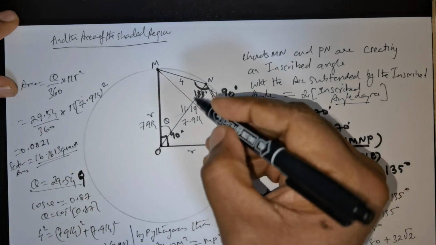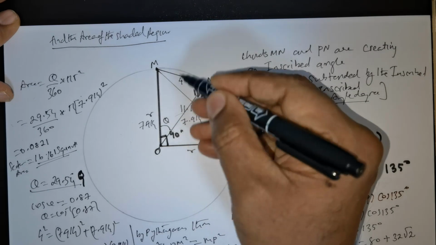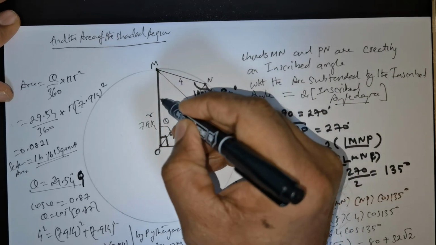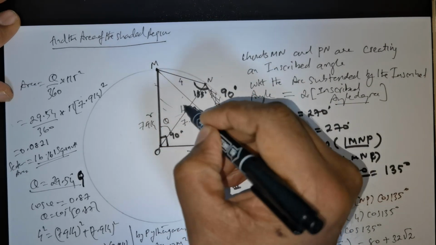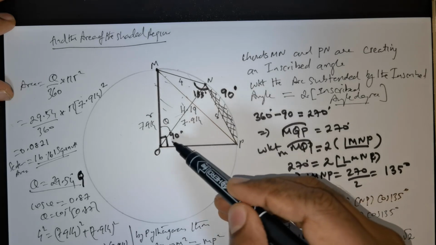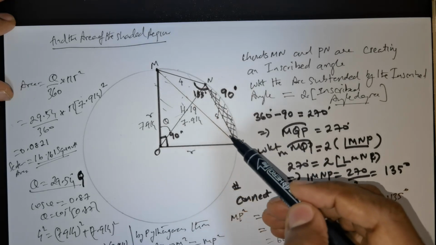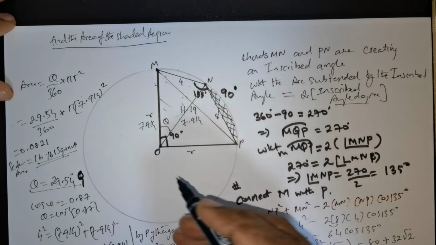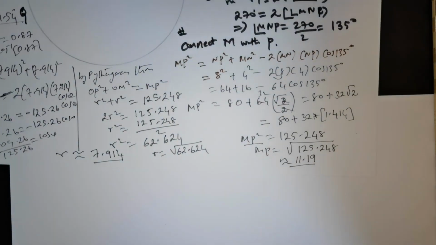Okay, so I have successfully got this region. This entire region is got. Now what I want to do is get the area of this triangle. So let me do it here.